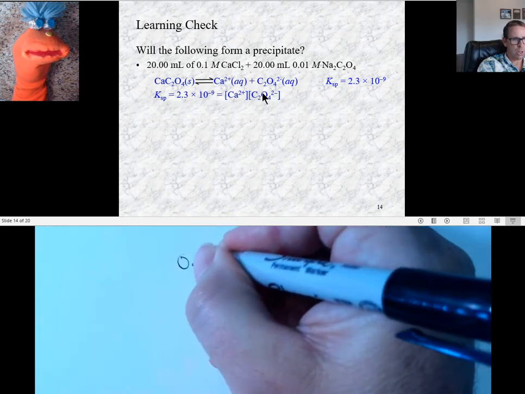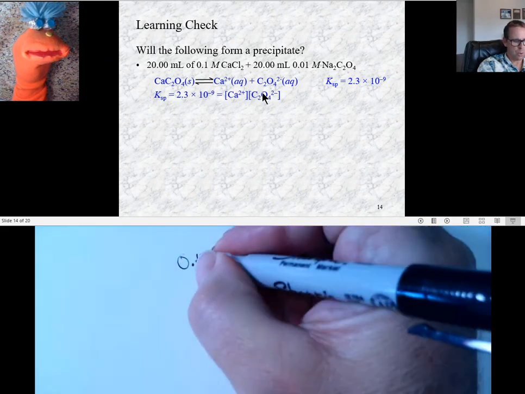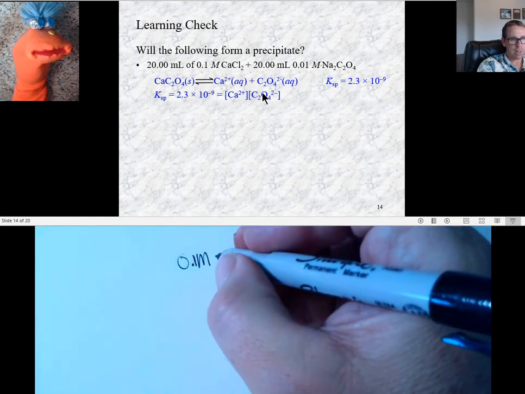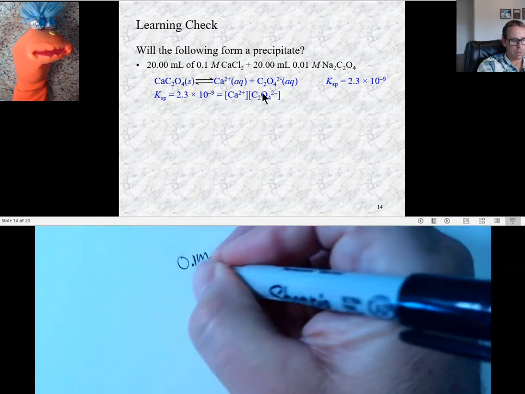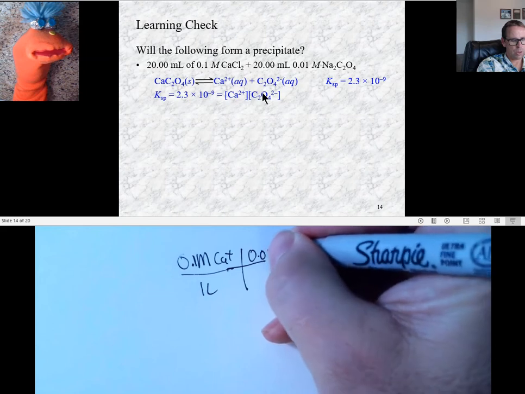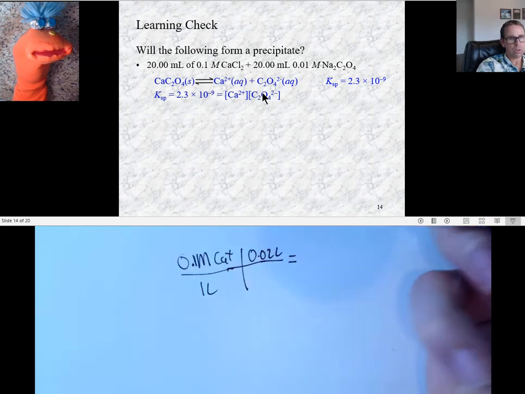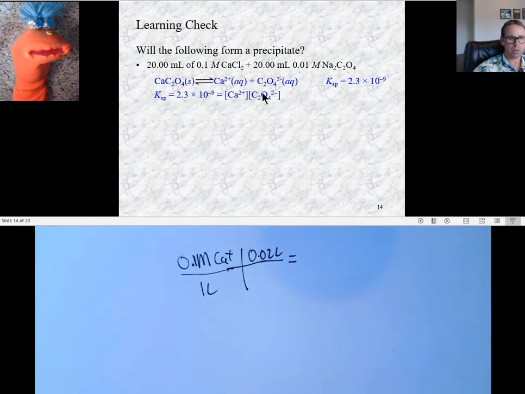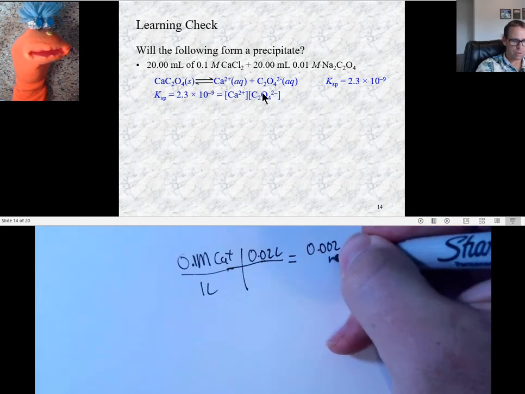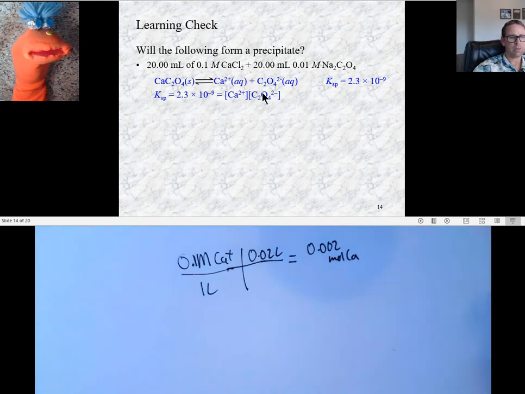So I have 0.1 moles of calcium ion for every 1 liter, and I've added 0.02 liters. So this tells me how many moles of material I have, and that is 0.002 moles of calcium ion.